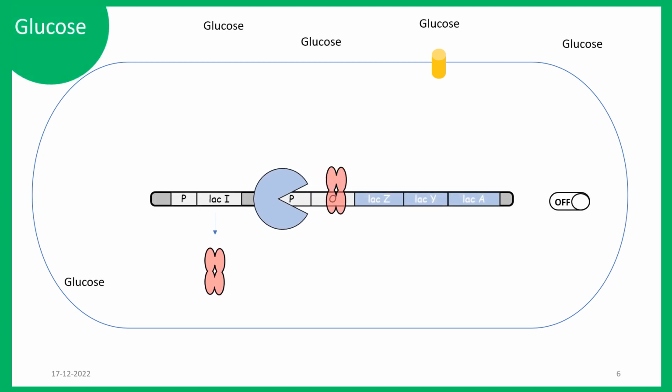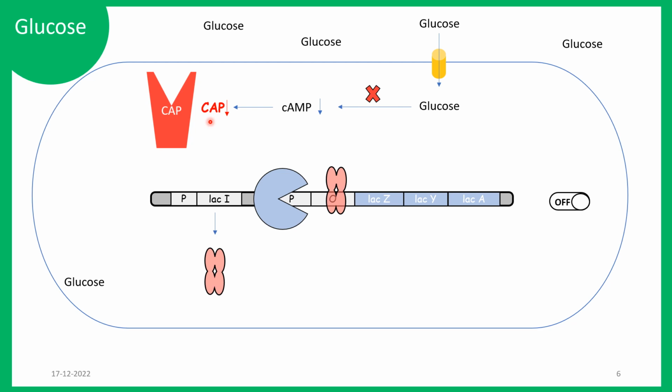So now in the second condition, when glucose is present in the media, the glucose comes into the cell using a permease enzyme. Then this glucose reduces the level of cyclic AMP in the cell. Due to the reduced level of cyclic AMP, the level of CAP is also reduced. CAP is called the catabolic activator protein.